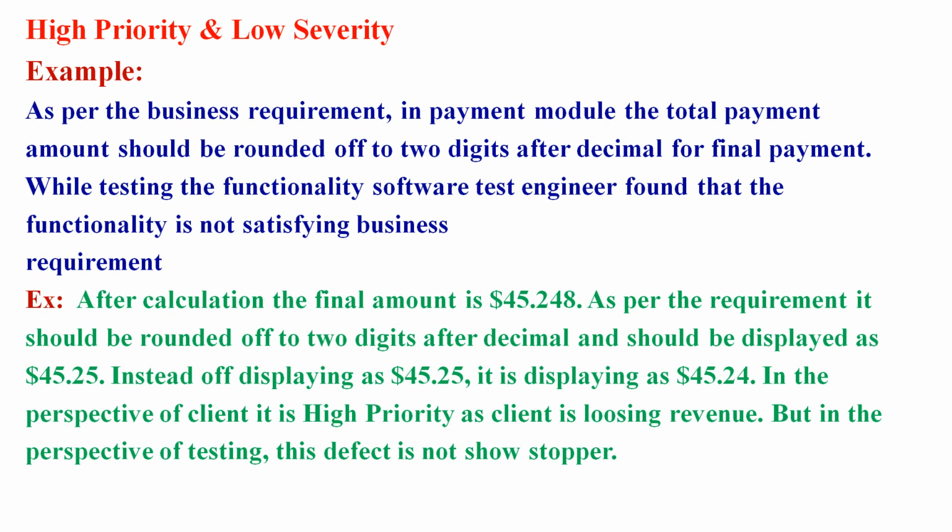Say for example, in a financial application, whatever it may be, tax paying, electricity bill paying or insurance policy paying, there is a payment module. Let us assume that there is a payment module. After completion of all these calculations, the user should pay the total amount which is displayed in the system.